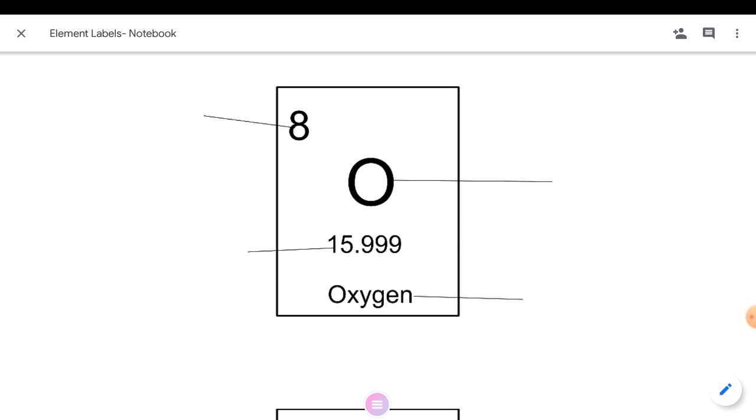Okay, let's talk about what these numbers are. The 8 up at the top. And if you notice on ours, the big one, it's kind of in the top left corner. On the colorful periodic table, it's in the top center. Both of those are correct. You might see it different ways. It still means the same thing. The 8 is called the atomic number.